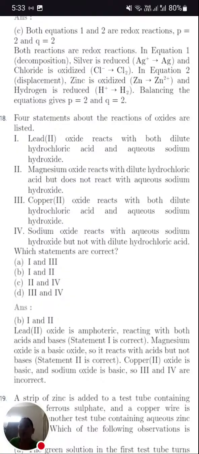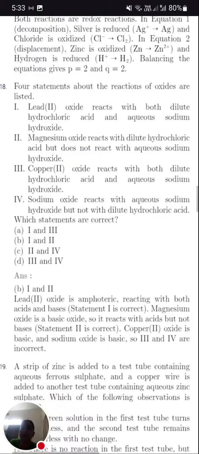Sodium oxide is a basic oxide. It cannot react with sodium hydroxide. Base cannot react with base. And the same way, copper oxide reacting with both is given wrong. Only 3 amphoteric oxides we have: lead oxide, aluminium oxide, and zinc oxide. So options 1 and 2 are correct.